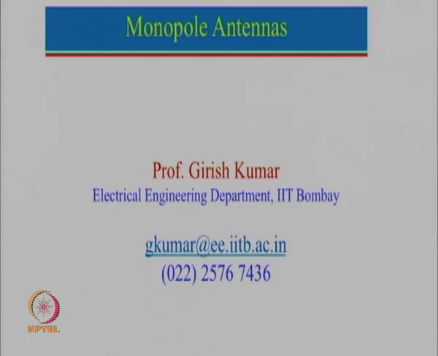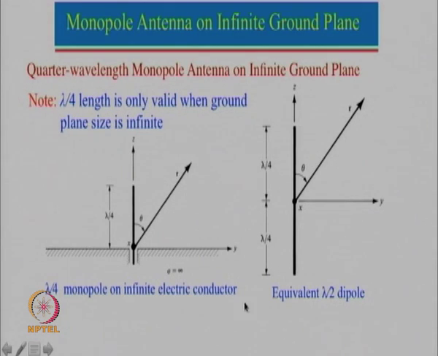To start with, we will take an example of a monopole antenna on an infinite ground plane. We know that an infinite ground plane will never be there, but just to start the concept we will take one. Generally, for a normal dipole antenna we take a length of lambda by 2.